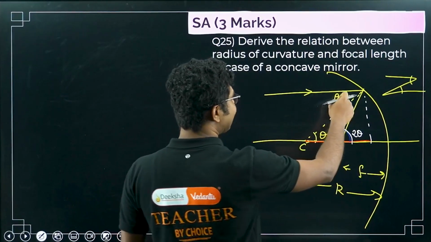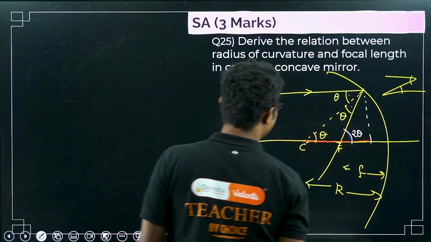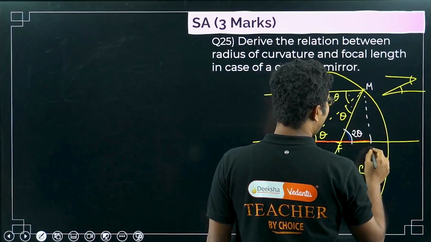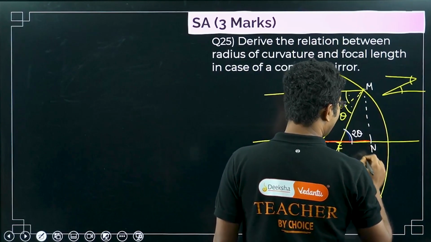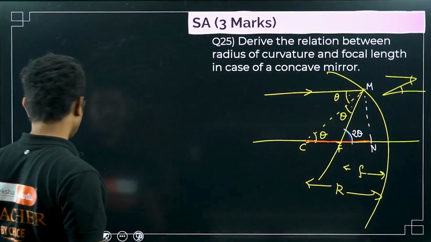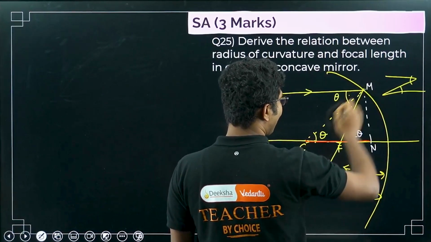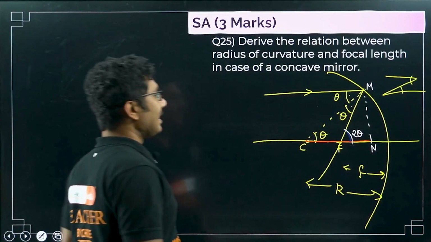Now this angle is theta, this angle is theta, this angle is theta, this is 2 theta. Now let's draw a perpendicular and name this MN. Now let's see all the triangles at play here.